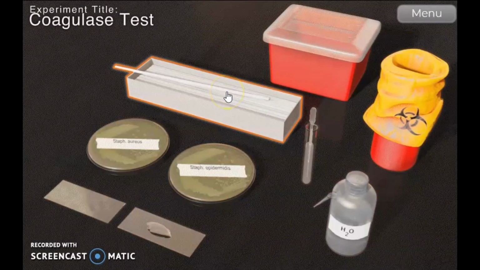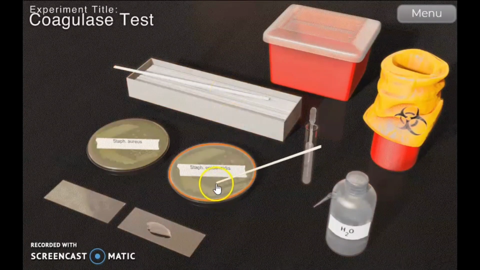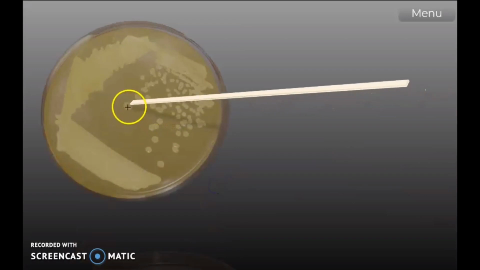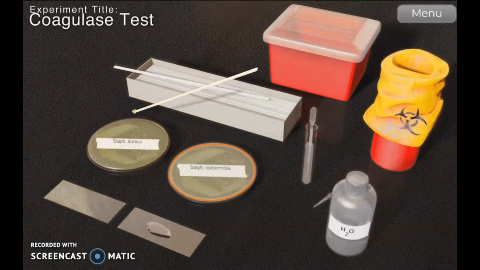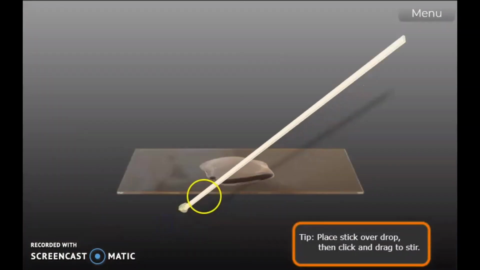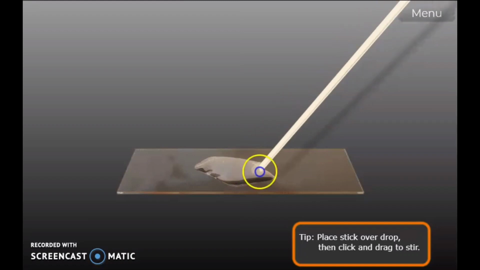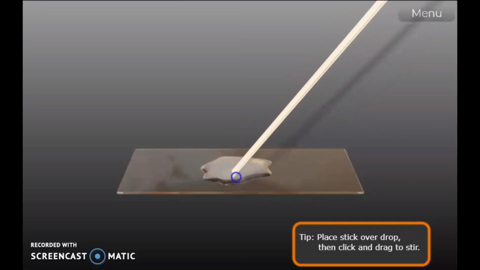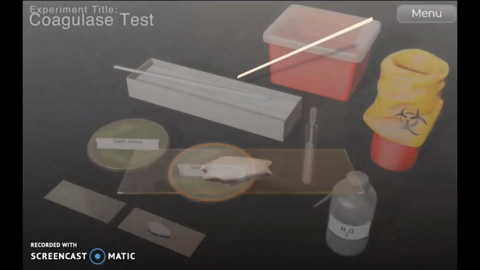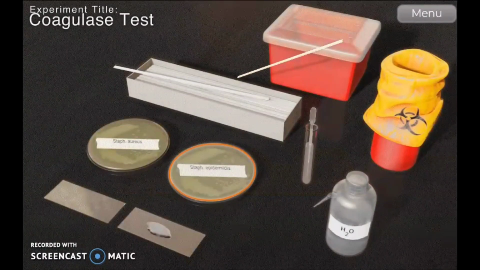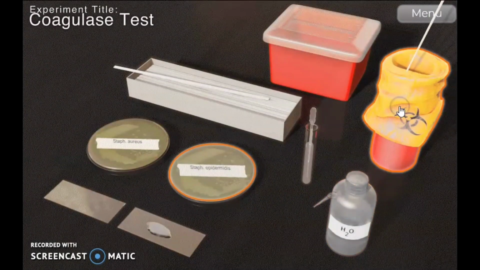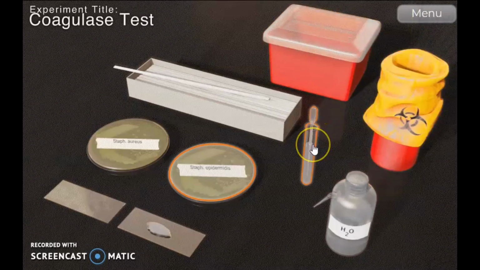First of all, drop water on the slide. And then pick an isolated colony. And then mix bacteria into water. Next, dispose of the toothpick. And then add 1 to 2 drops of rabbit's plasma.